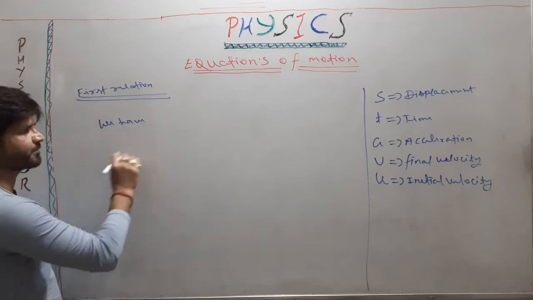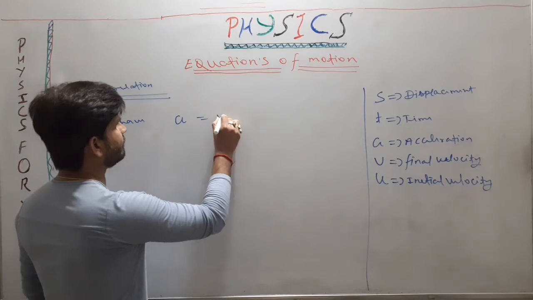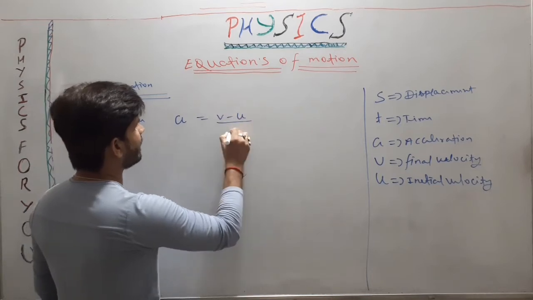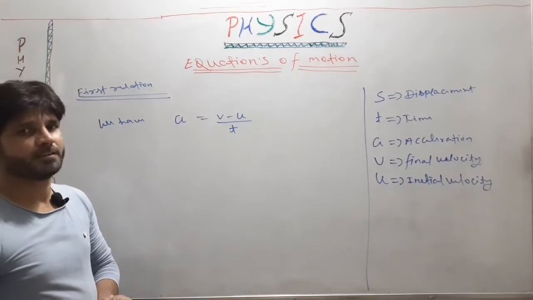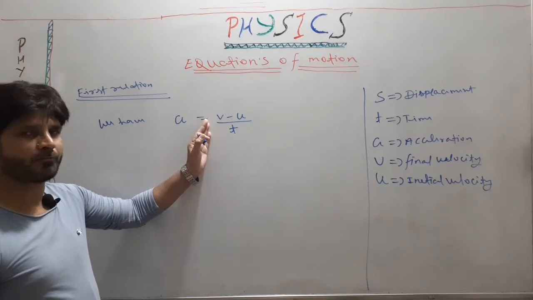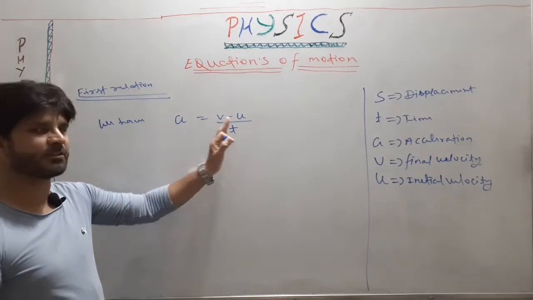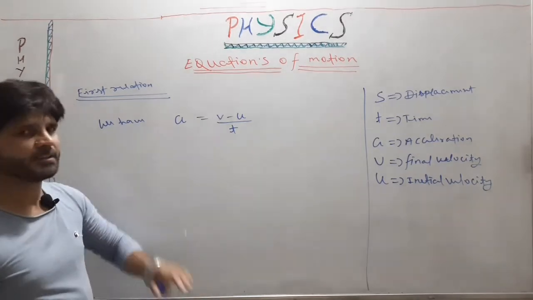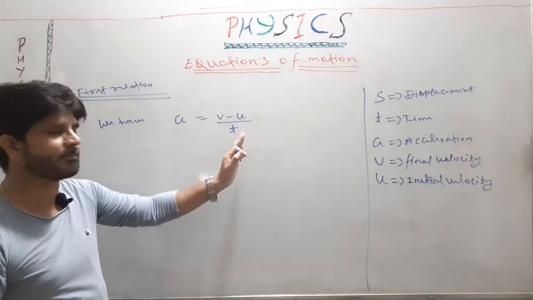The acceleration a of a body is given by (v minus u) upon t. The rate of change of velocity with respect to time is called acceleration. You already know that. Final velocity is v, initial velocity is u, and the time in which the velocity changes from u to v is t. Then we can write the acceleration equals final minus initial velocity divided by time.